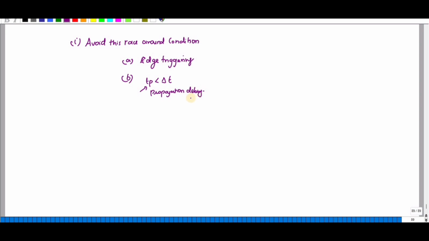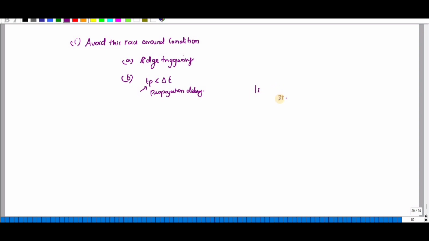If the output reaches after some time, that is called delay. Suppose I give the input at 1 second and the output also reaches at 1 second; but instead of 1 second, if it takes 2 or 3 seconds, the propagation delay is the difference between these.